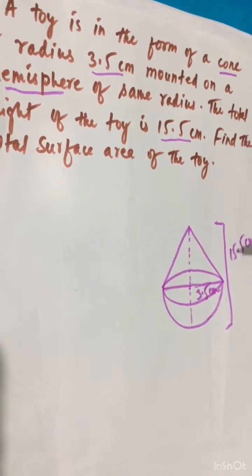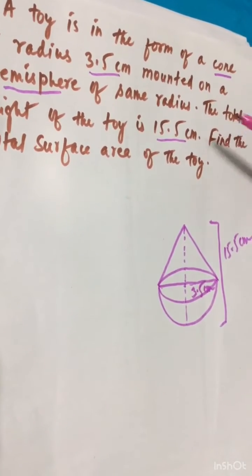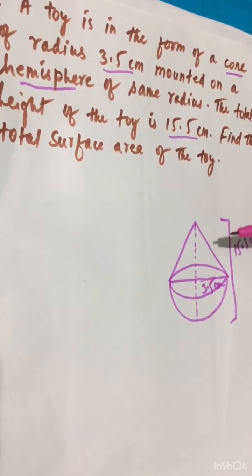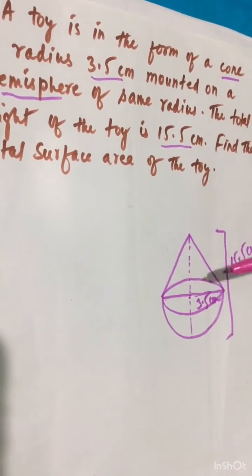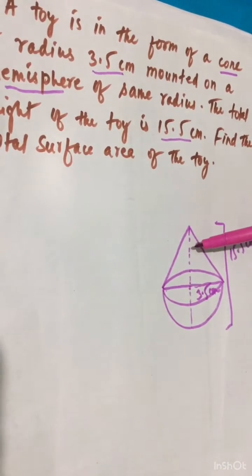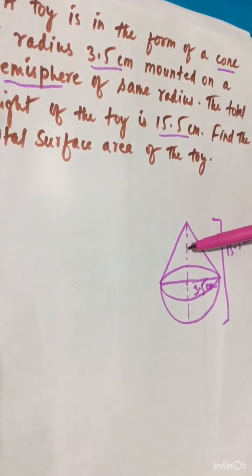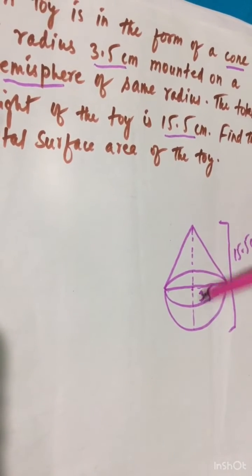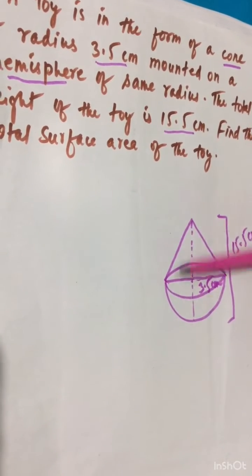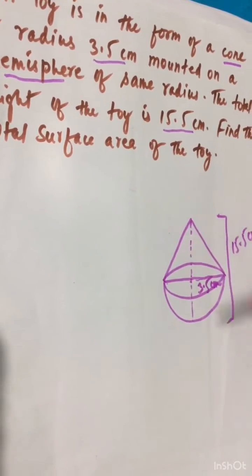Now find the total surface area of the toy. When we find the total area, the area of this cone and the area of this hemisphere will combine together, then we get the total area of this toy.